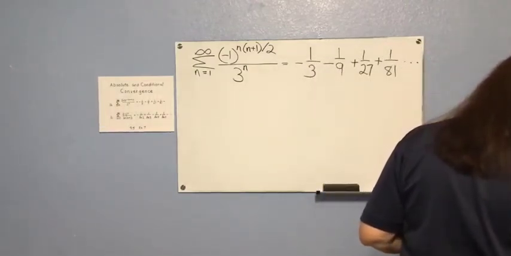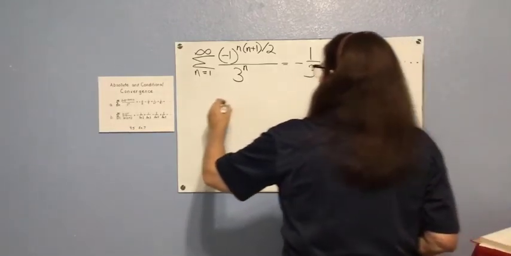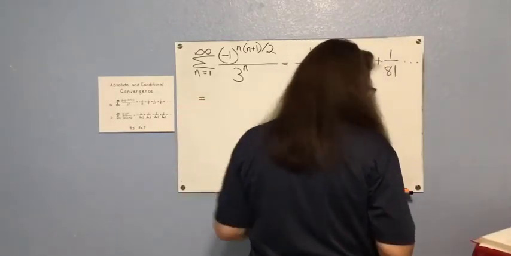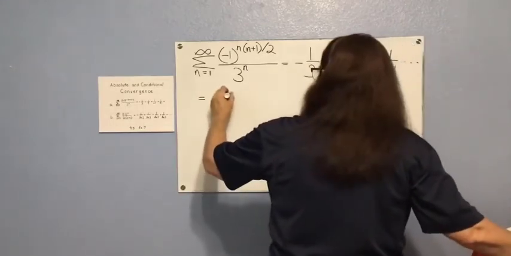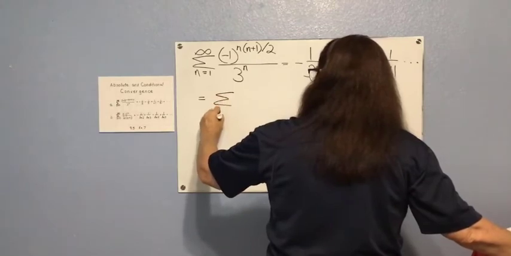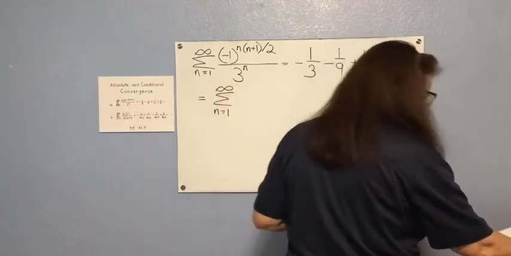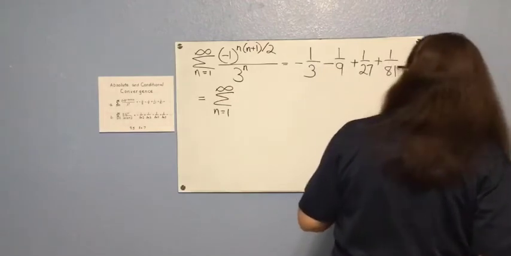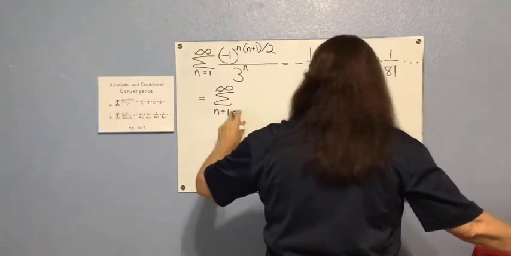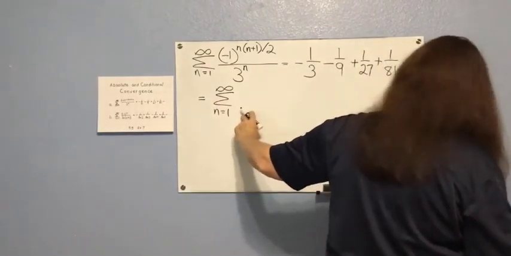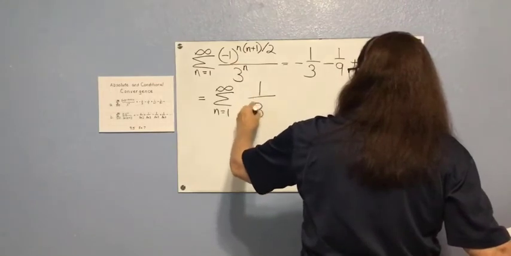However, we could make this equal to something a little simpler. If I took the absolute value of this, I could make it look like this. This would always be 1, and I'd have 3 to the n.